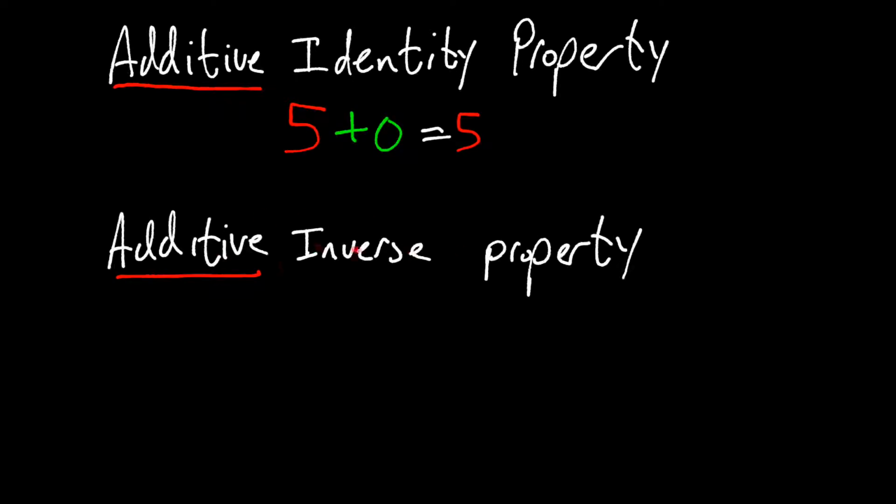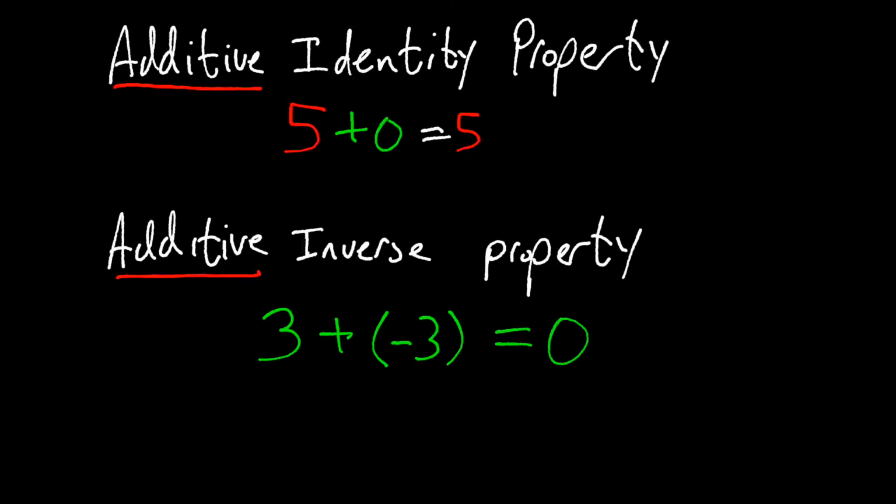Now, the additive inverse is a little different. This is still addition, but the additive inverse says that any number plus its opposite is 0. So if I have 3 and I add to it -3, I'm going to get 0.